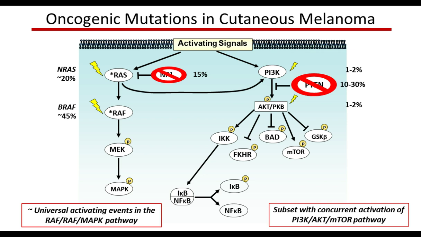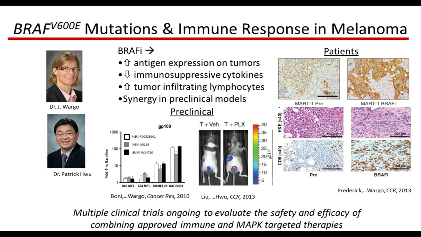And so overall, what we've identified is that a significant subset of cutaneous melanomas have concurrent activation of the PI3 kinase AKT mTOR pathway, as these events tend to particularly happen in tumors that have those activating BRAF mutations.